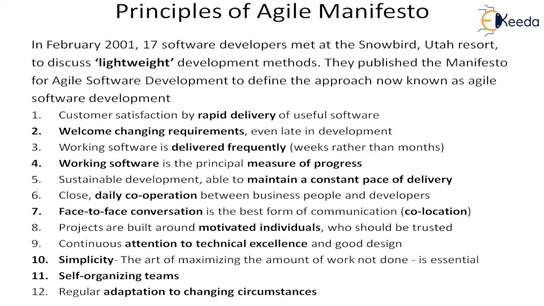Now we are talking of this development method itself, the development process itself, whether we will be able to sustain it. That means whether we will be able to maintain a constant pace of delivery. That means we are continuously doing the delivery. The development is always consistently providing delivery also.